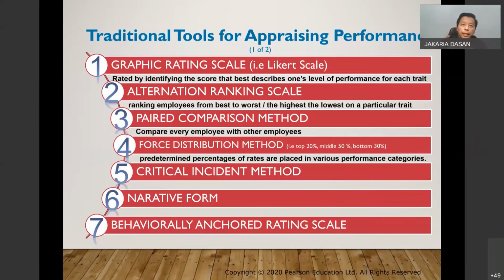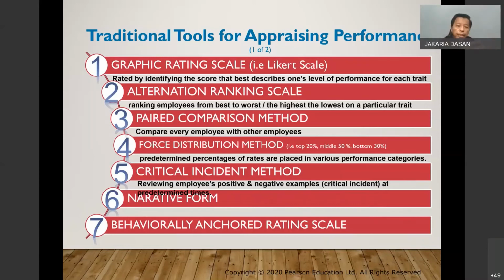And then the fifth tool is the critical incidents method. The critical incident method refers to the past record of particular employees: what good comments about them were received into the knowledge of the organization, and what negative or bad habits these employees had in the past.